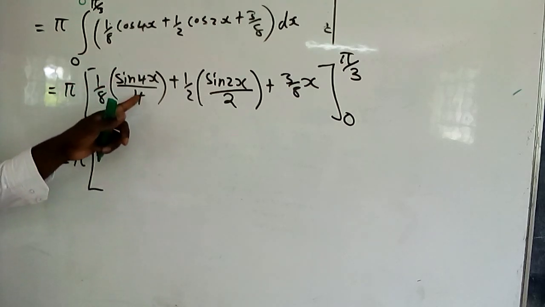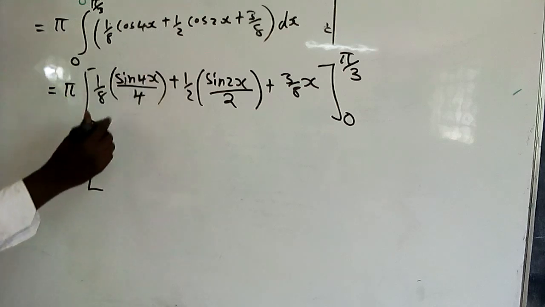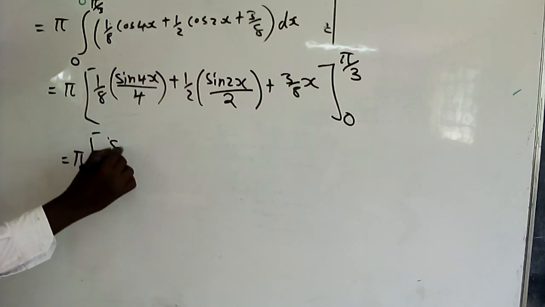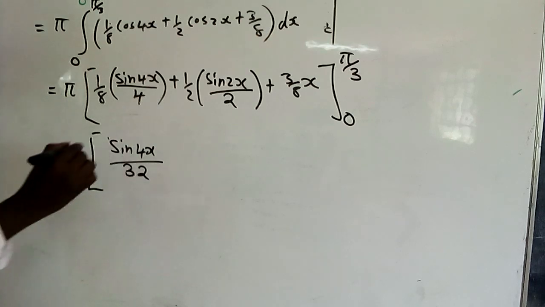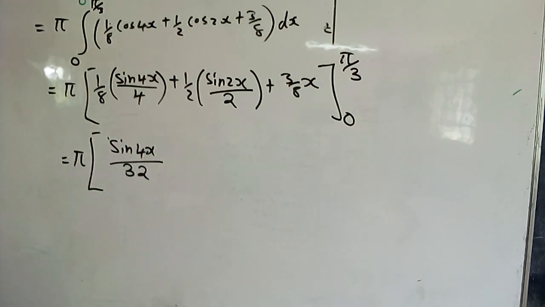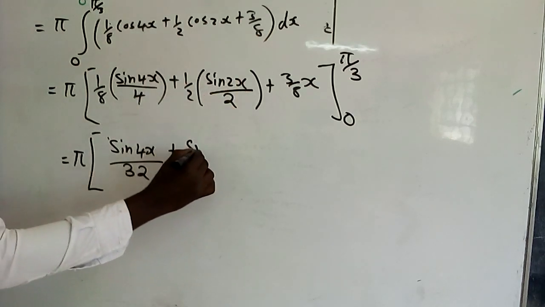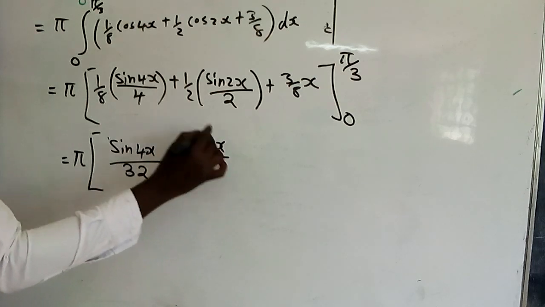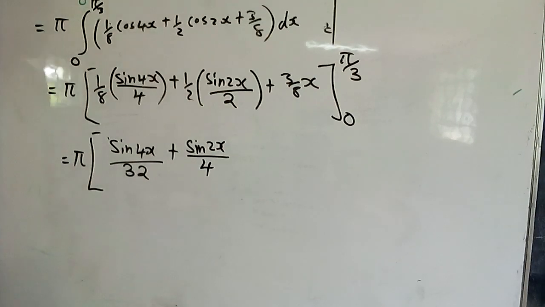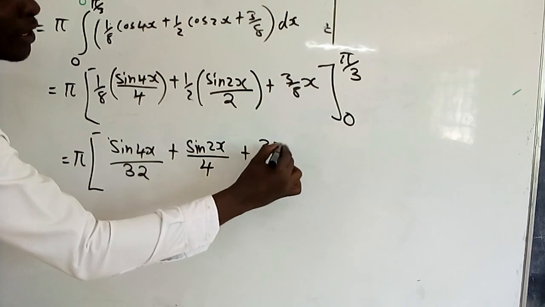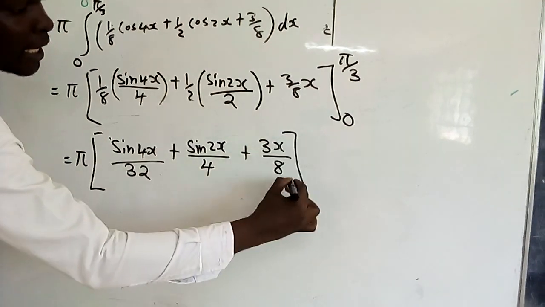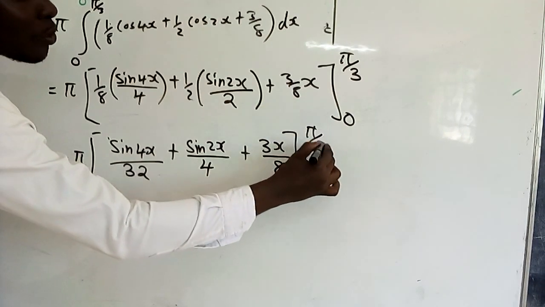First of all, can you simplify this to look neat? This is sine 4x over 8 times 4, which is 32. Then plus sine 2x over 2 times 2, which is 4. Then plus 3x over 8, integrating from 0 to pi over 3.